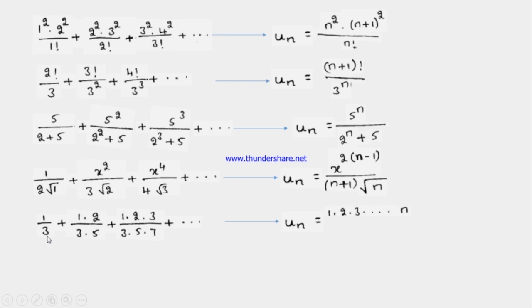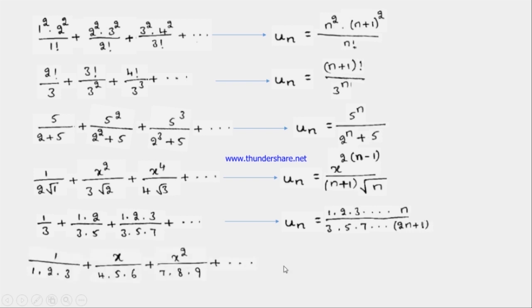So 3 can be written as what? 2 into first term plus 1. So this can be written as 2 into second term plus 1. This is 2 into third term plus 1. So in general for the nth term it should end up with what? 2n plus 1 for us. Let me consider this.